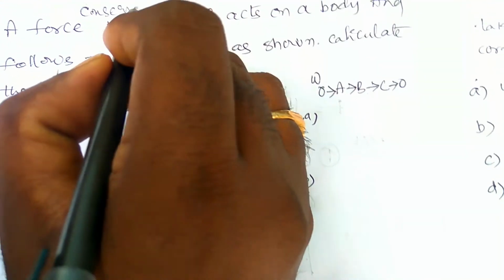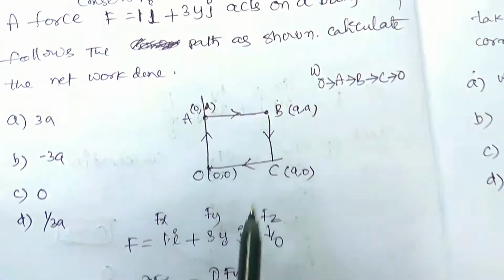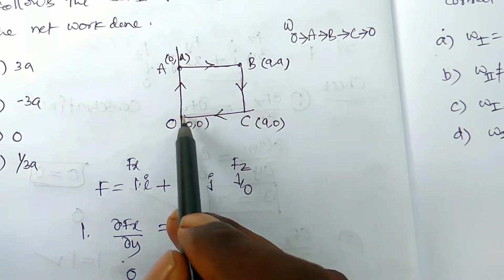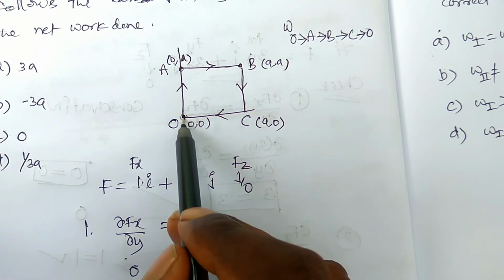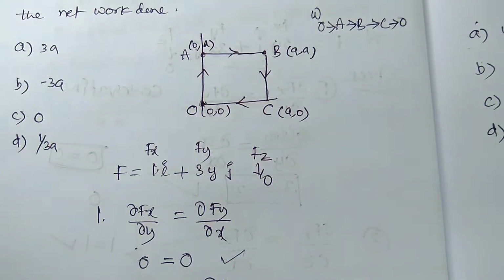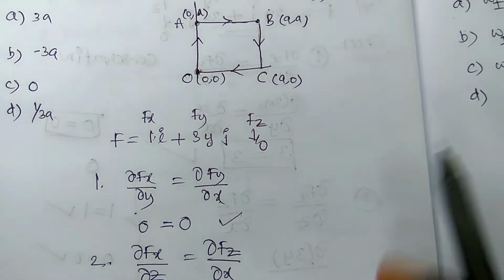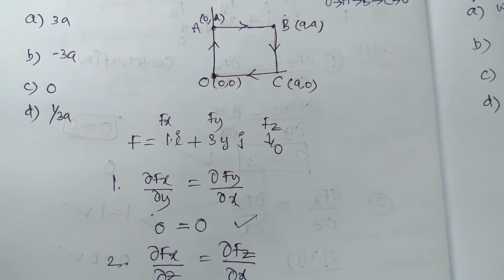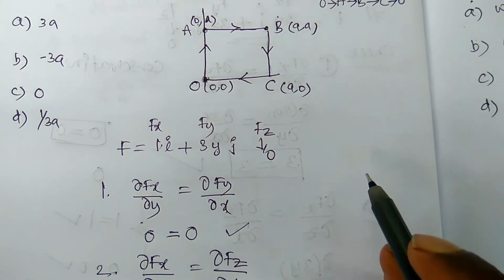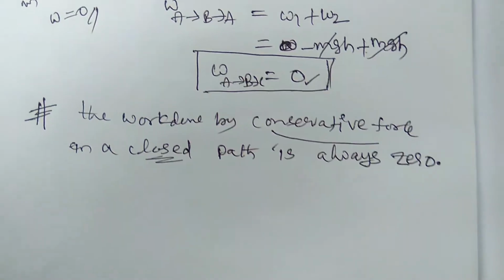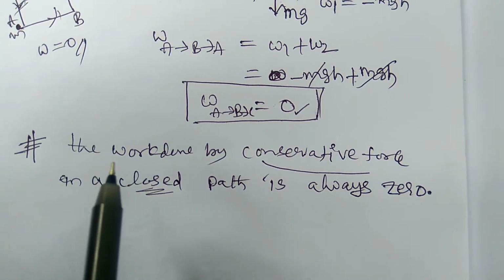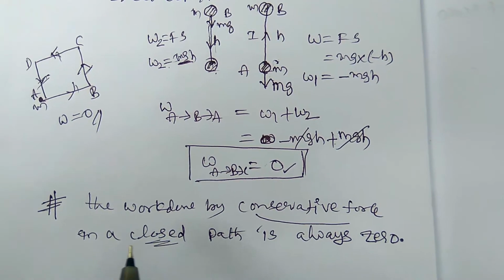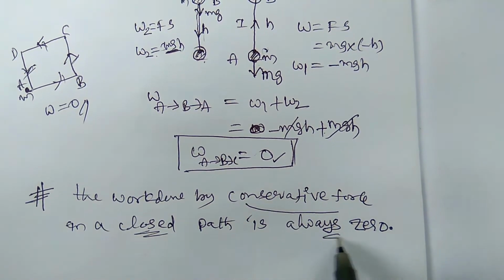So here, what is the path? This is a closed path. After the final work done, the final and initial positions are the same. We already said that the work done by a conservative force in a closed path is always 0.